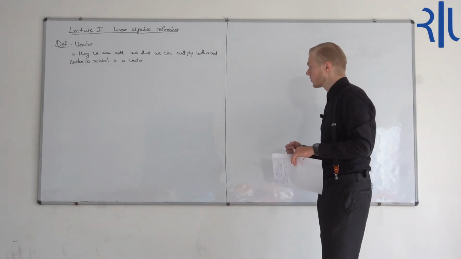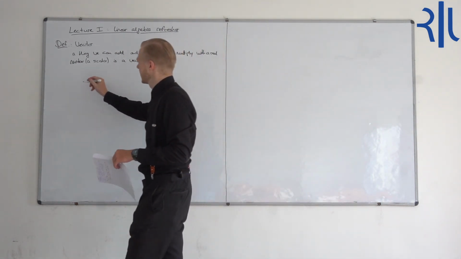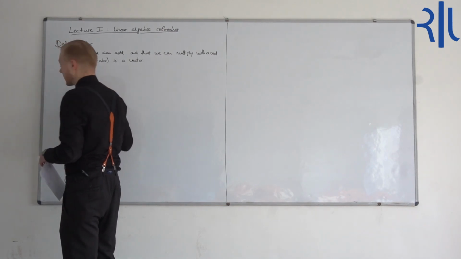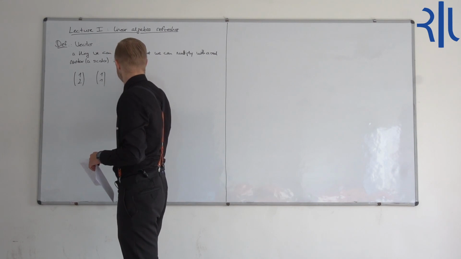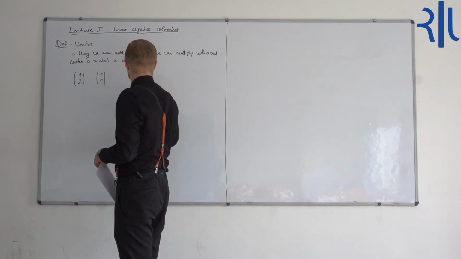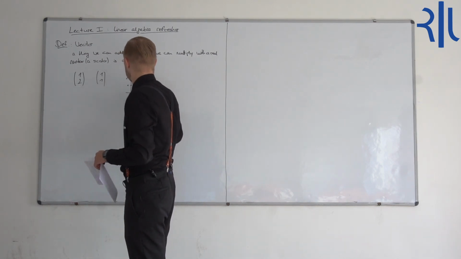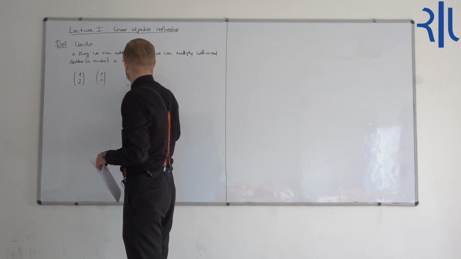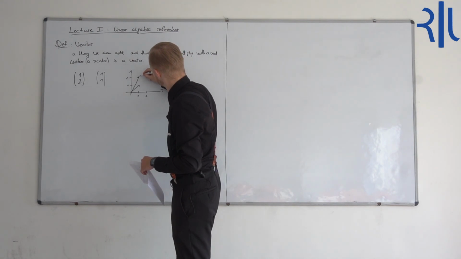So what are examples of that? Examples of a vector would be something that you already know, like arrows on the plane. And you can add those arrows.